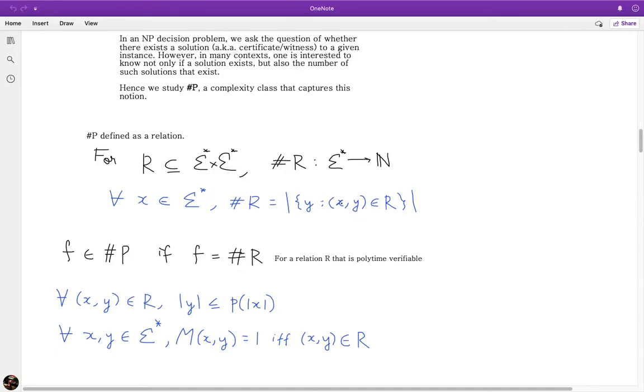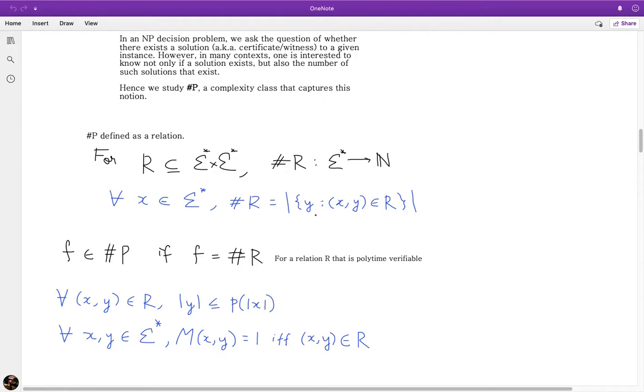So if this relation R has an element xy, so an input string x and an output string y, then this y is considered as part of #R, and we calculate the number of such elements in this.